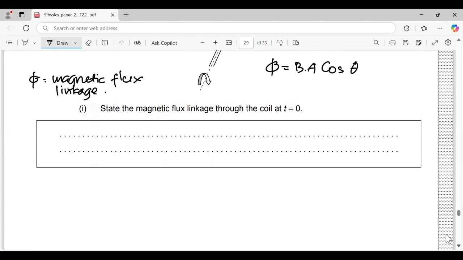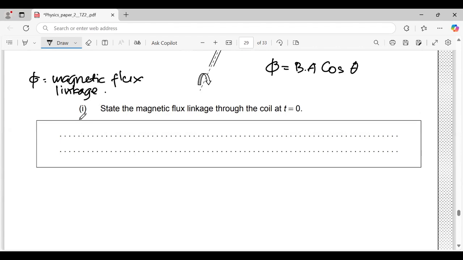Theta is the angle between the magnetic field and the normal line to the sheet of the coil.